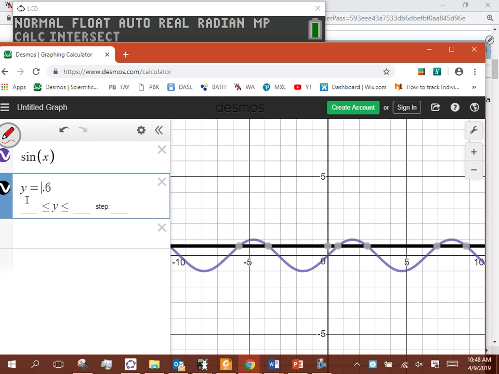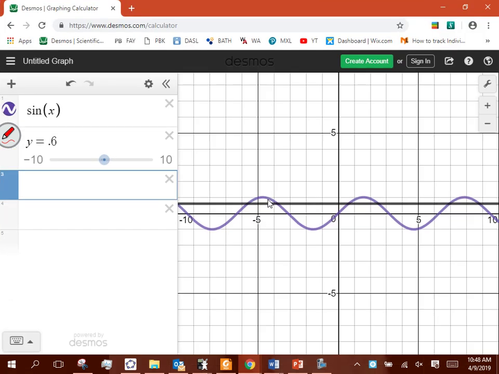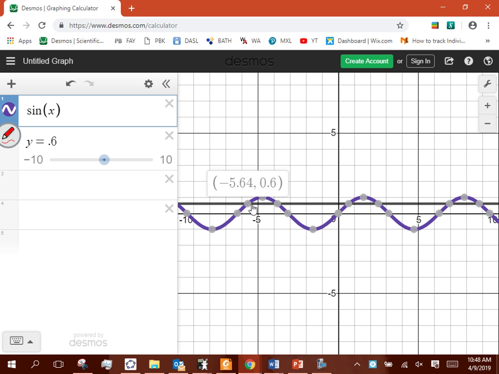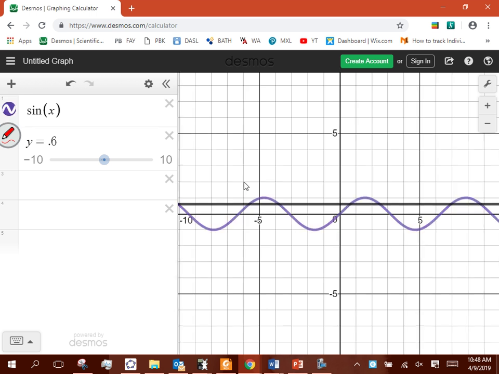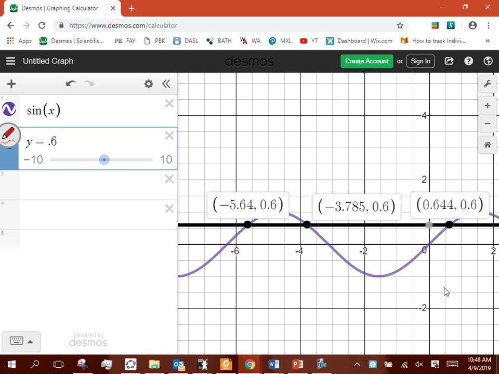See what happens right there when I click to give me those solutions. Now, I don't know how to adjust that to get more decimal places, because I don't use Desmos enough. I don't know if you can, but that is another way. That's a quick way of getting those solutions.